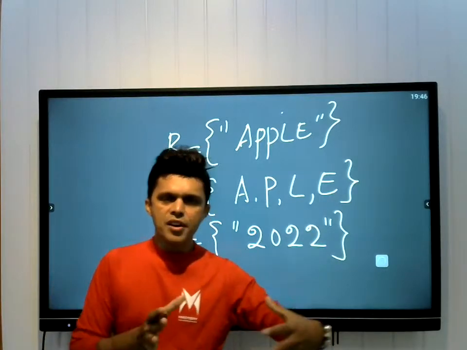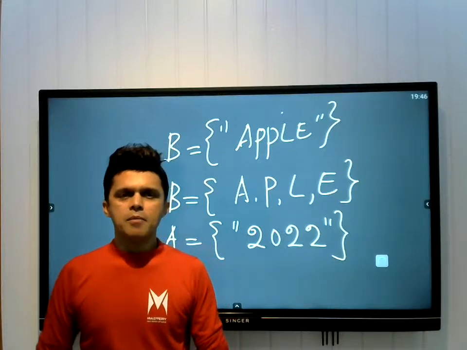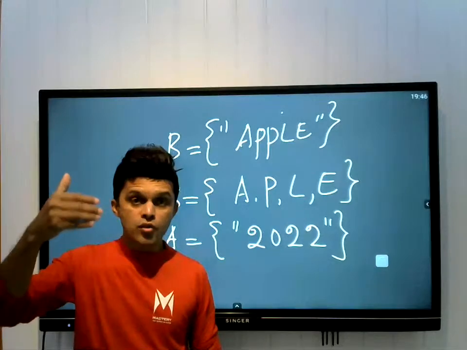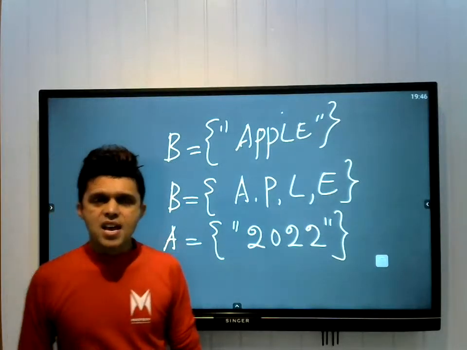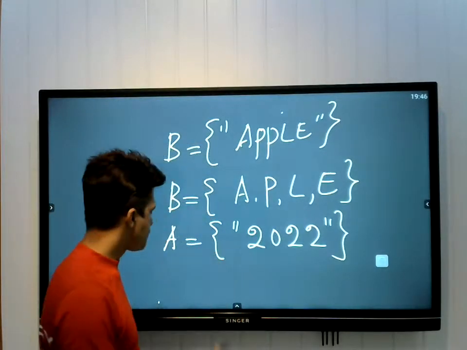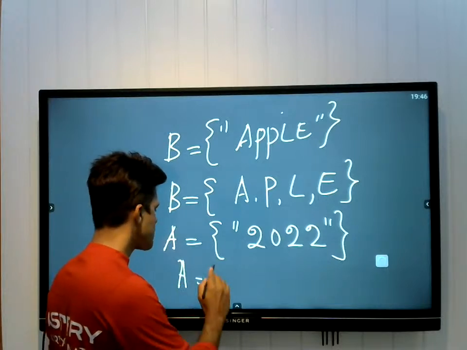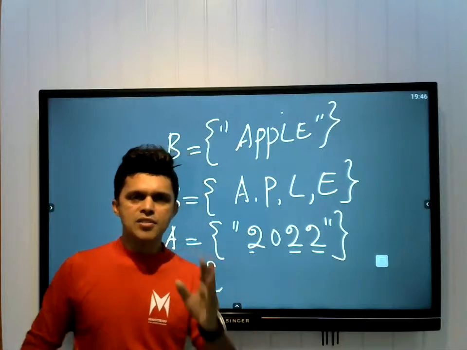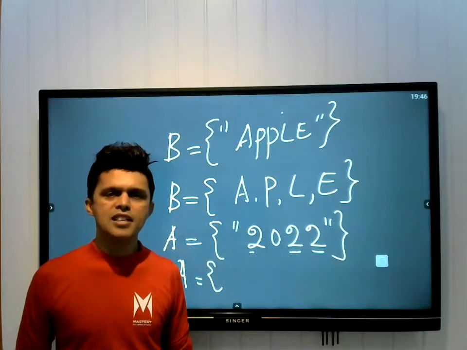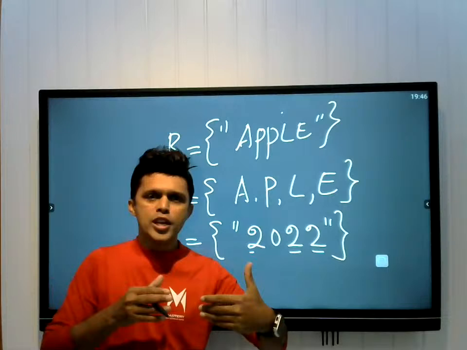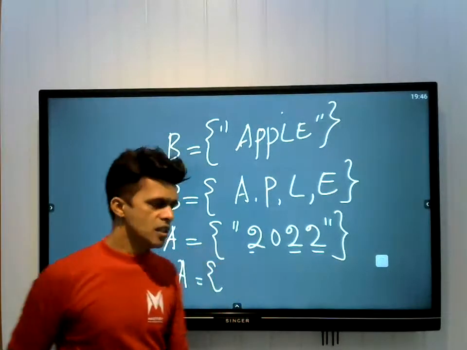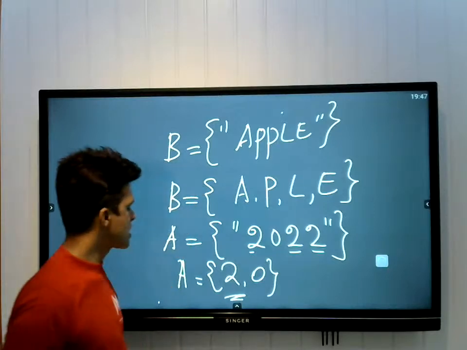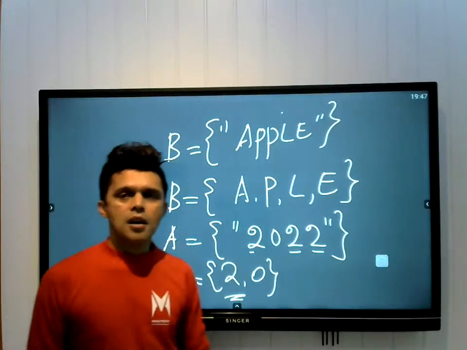Considering this number, you could write the elements of the set A. Although you see the digit 2 in three places, you have to write it once. So the elements of the set A are 2, 0.